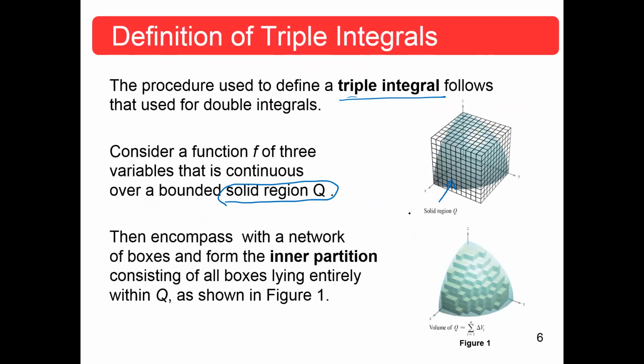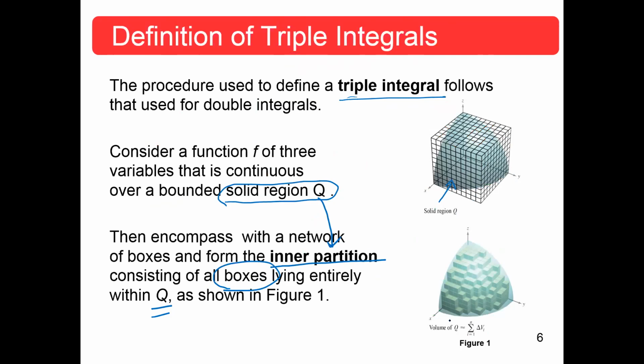Then what we need to do, first of all, is get a partition of Q. So we need to decompose this region Q. The way we do it is, again, we take some regular shape, like box shapes.